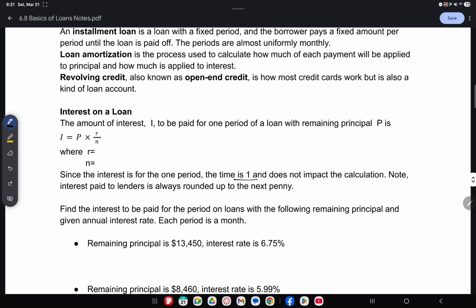But interest paid to lenders is always rounded up to the next penny. So R is the rate, and N is the number of payments in a year. So typically 12, but it could be different. But normally it's 12.